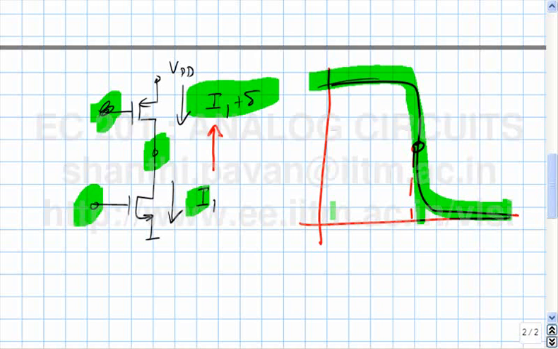I mean, in practice it's probably not possible to pick the operating point. We've always been saying we'll put a battery here and a battery there, and make sure that the operating point is correct. In practice, there will be errors. So, the moral of the story is, all these high gain amplifiers, where do you think we will operate them?